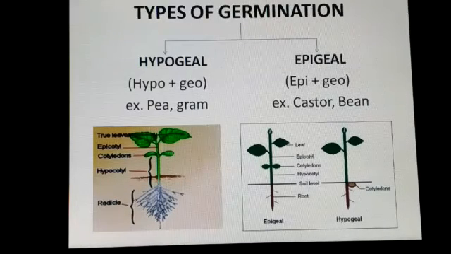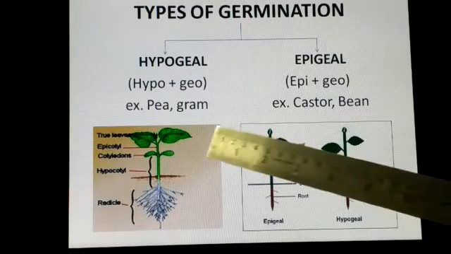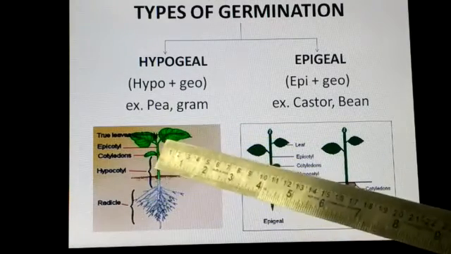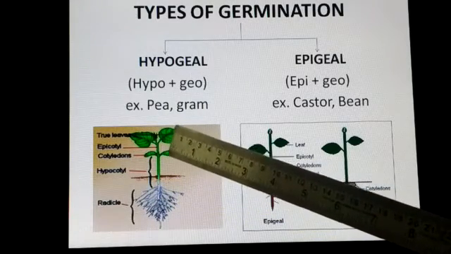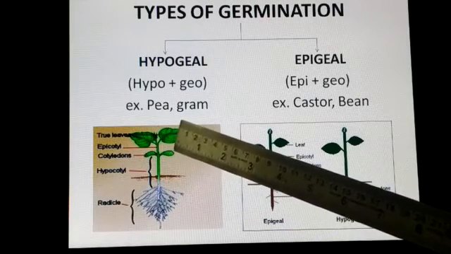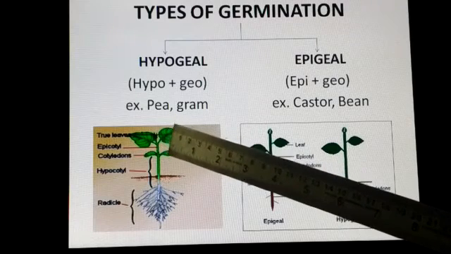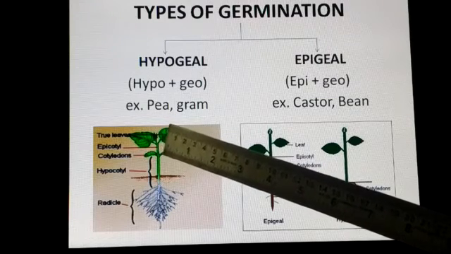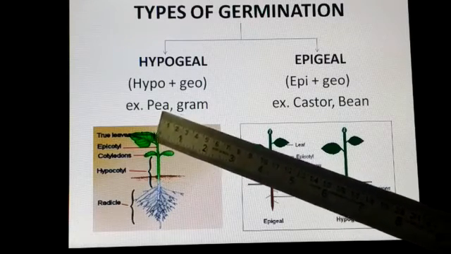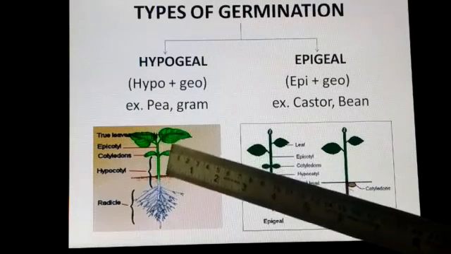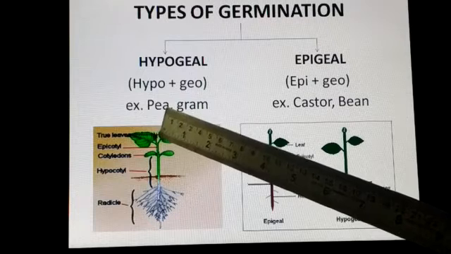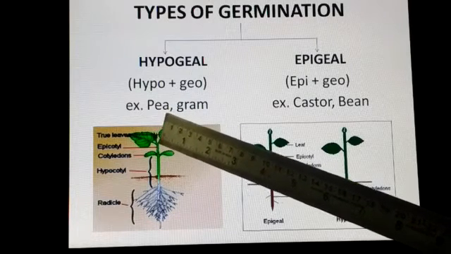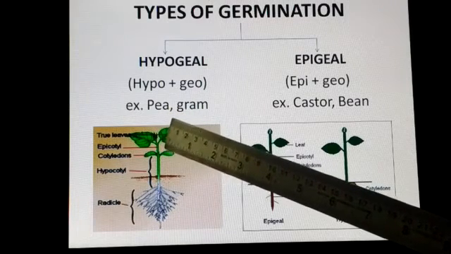Now, before we talk about the 2 types of germination, I would like to make you recall the 2 terms, epicotyl and hypocotyl. Look at this figure. These are 2 cotyledons or seed leaves. The point of attachment of the cotyledons from here, this is the embryonic axis. Alright, from this point till the true leaves are arising from plumule, this portion is called epicotyl.